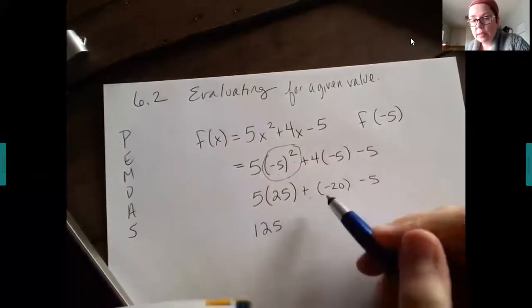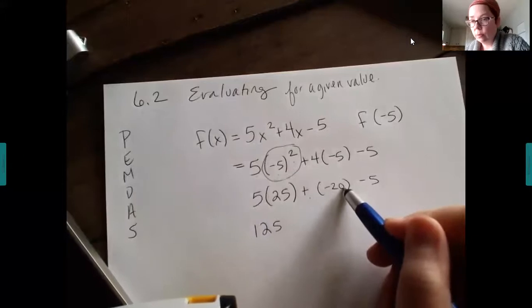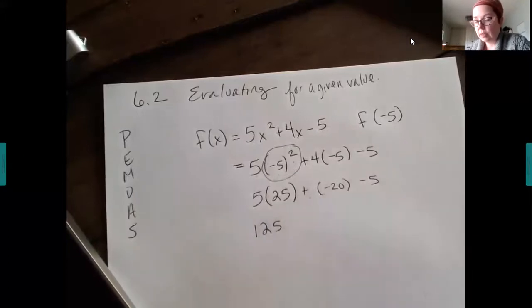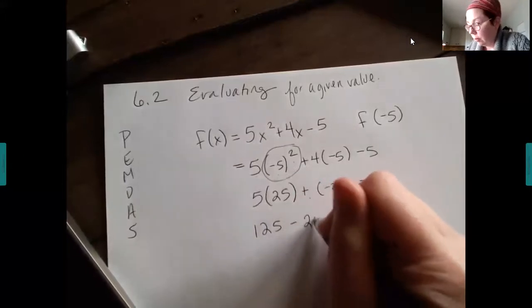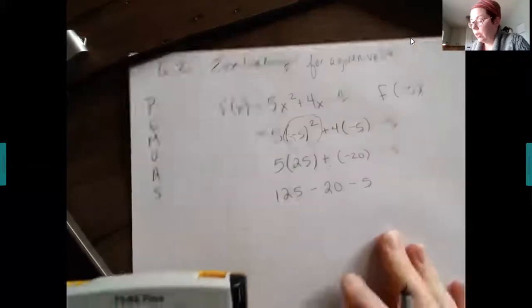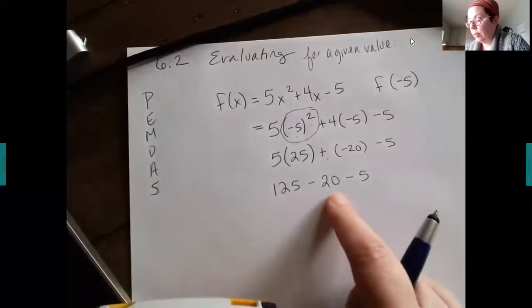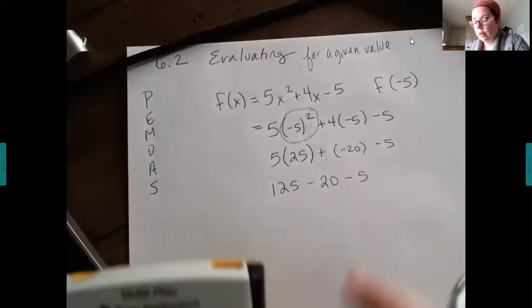And then we could keep this as plus -20, or we can just say -20, it means the same thing. -5. So we're at 125 minus 20 minus 5.